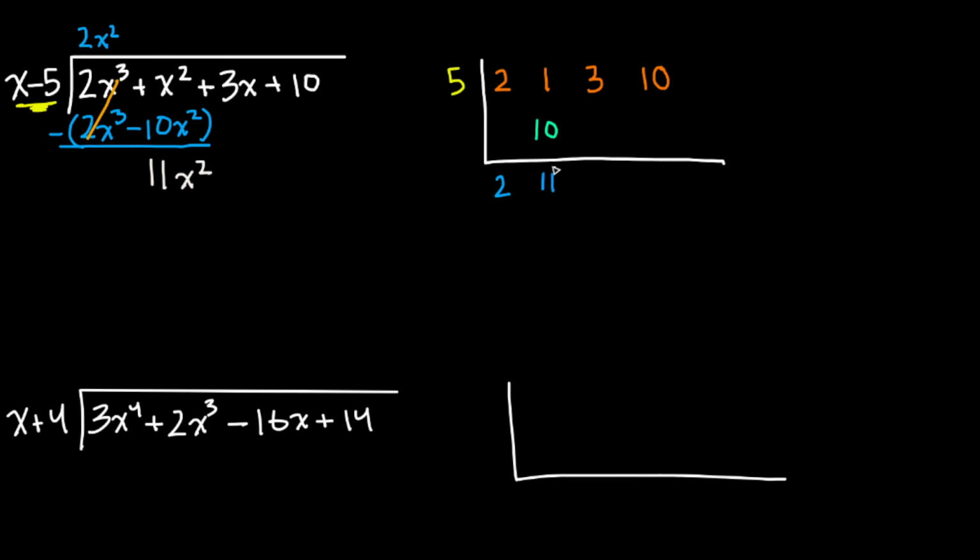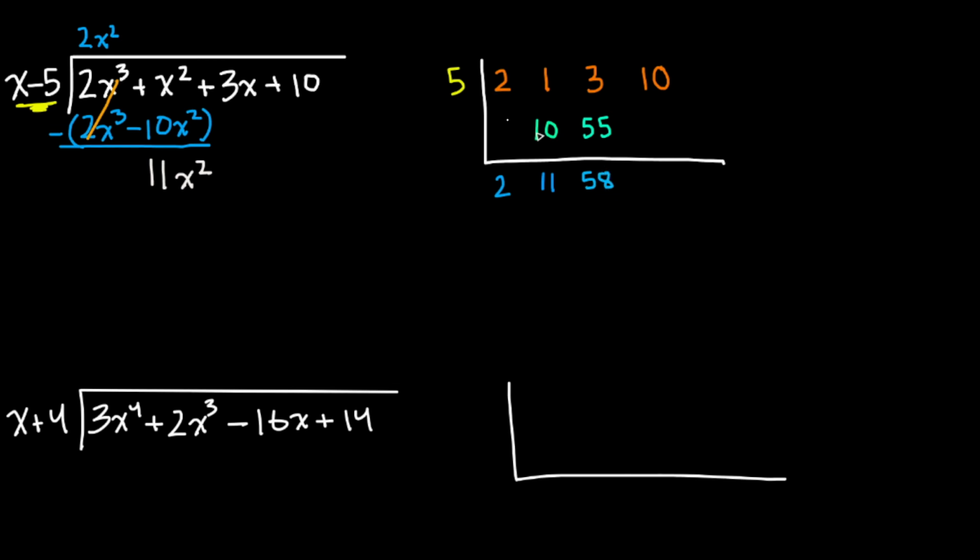So let's continue. We multiply this over here times this 5, 11 times 5, and that'll give us 55. We then do 3 plus 55, which gives 58. We then do 58 times 5.